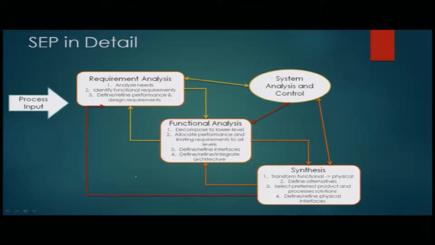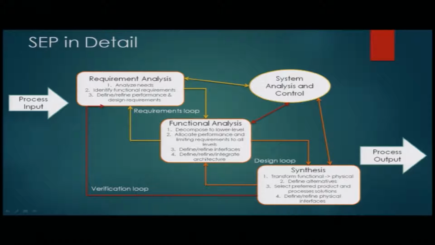In detail, in the systems engineering process, there is an input to the process, then a requirement analysis, which is the first step, followed by a functional analysis, then a synthesis. This diagram also has system analysis and control, which is what we call the balancing act. Once you complete this, you get an output in which there are three loops: a requirements loop, a design loop and a verification loop.